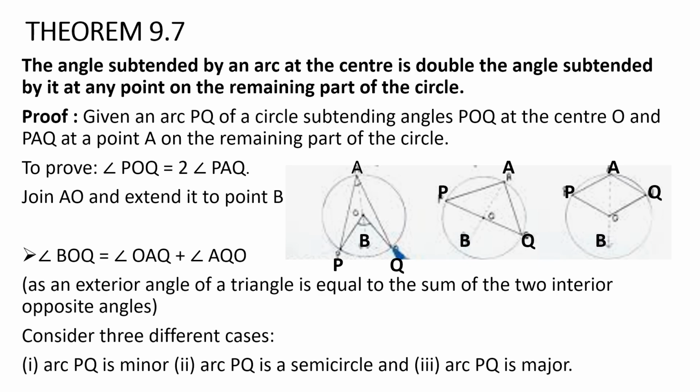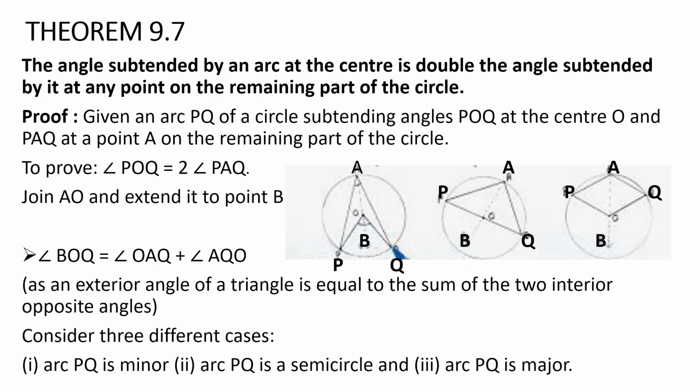Join AO and extend it up to the point B. Now angle BOQ is equal to angle OAQ plus angle AQO. Why? Because an exterior angle of a triangle is equal to the sum of the other two interior angles opposite to it. So angle BOQ is angle OAQ plus angle AQO.